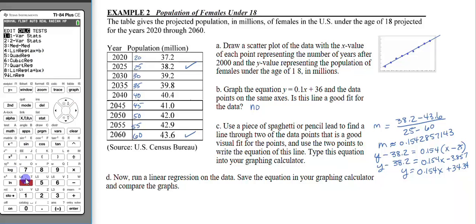So you can choose option 4, and it defaults to be list 1 and list 2. Now later, if you needed to change this, you can change it by using different lists here. You can see the lists that are on your calculator.